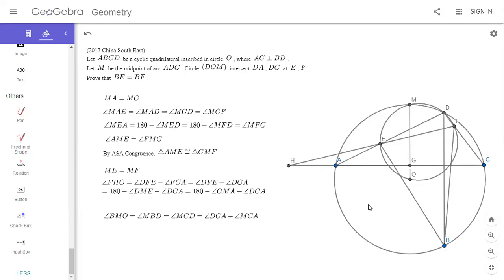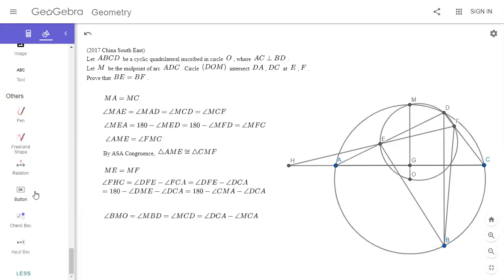Okay, I think I might have a better way to do this. So angle BMF is 180 minus angle BCF, which is 180 minus BCD. Yeah, okay.